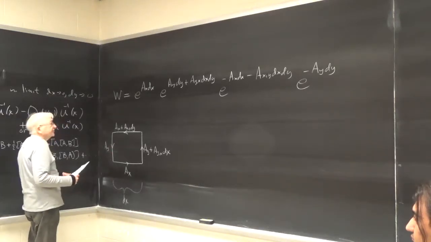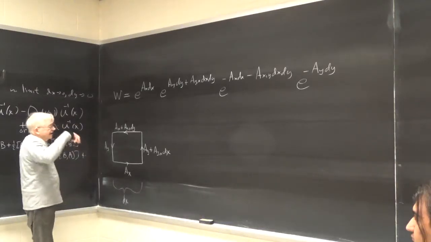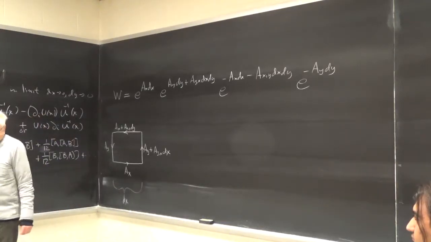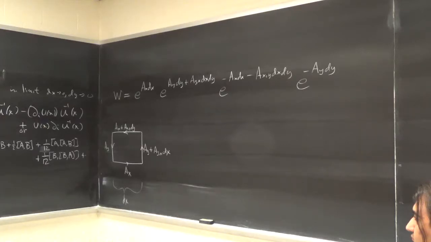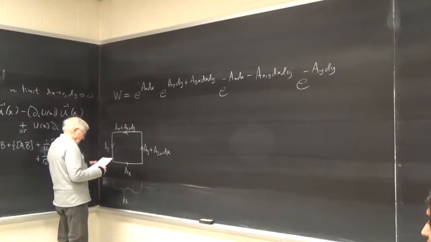Now, I'm going to apply the identity to the first two, and in fact what I'm going to apply is actually Glauber's identity, because the extra terms due to Baker, Campbell, Hausdorff are of third order in the tiny length of the square.